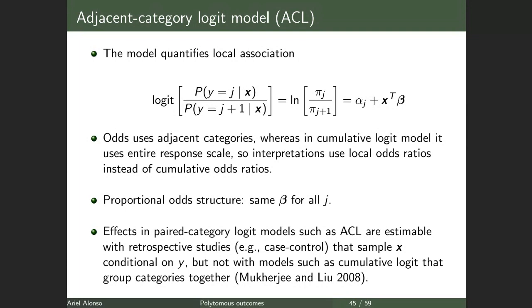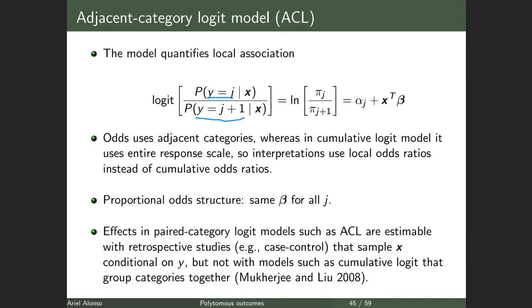Now, the adjacent category model quantifies local association. So what you model here is the logit of having a response equal to j instead of a response equal to j plus 1. So this is the odds of having response j instead of response j plus 1, and this is what you model with this model.